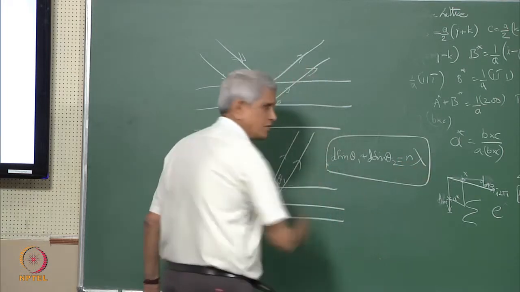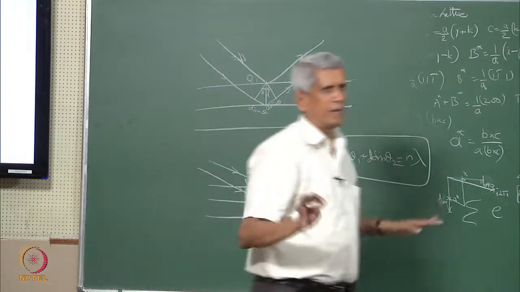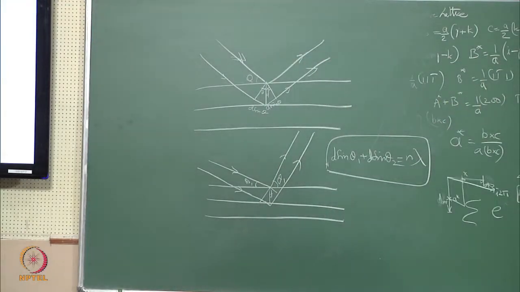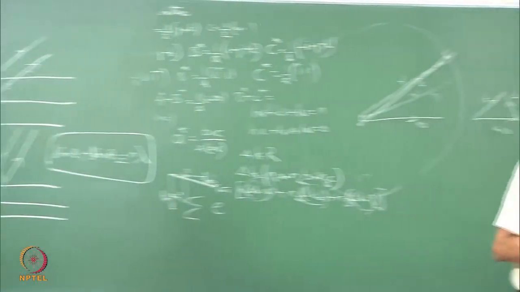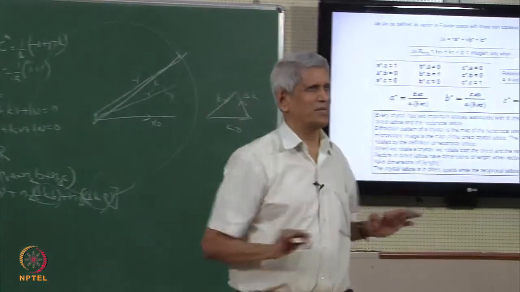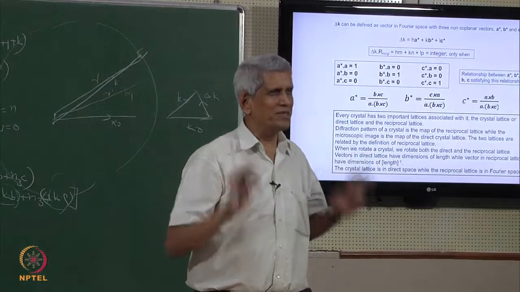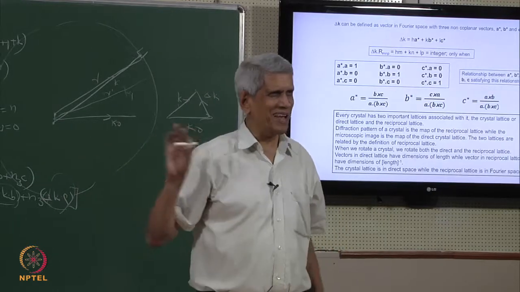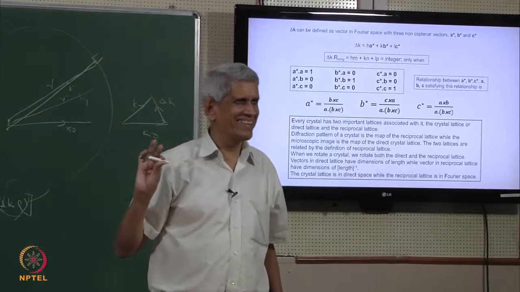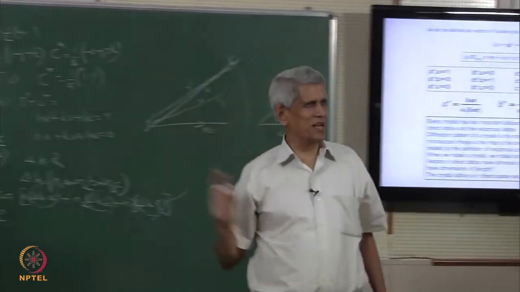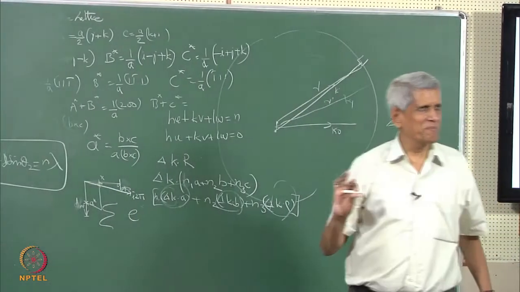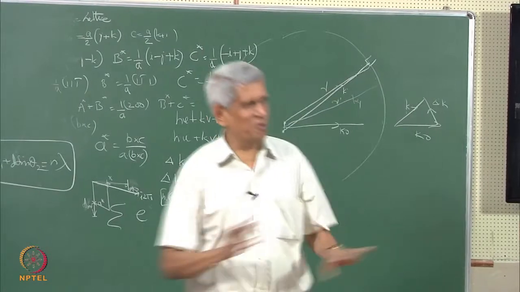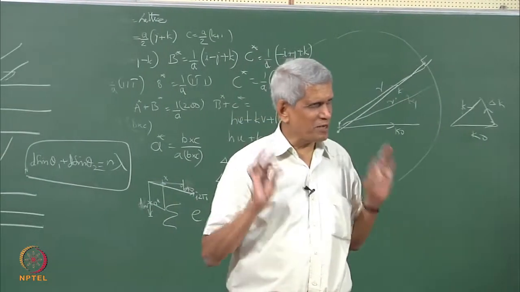If this condition is satisfied, that's Bragg law actually. A special case is when theta 1 equals theta 2, a symmetrical condition. That's what you always see in books. This also is given in books, but nobody looks at these pages. This is the most general formula. It doesn't mean that the angles have to be equal for Bragg diffraction to occur.